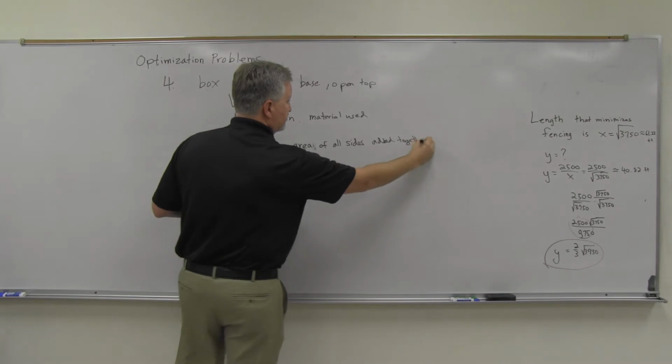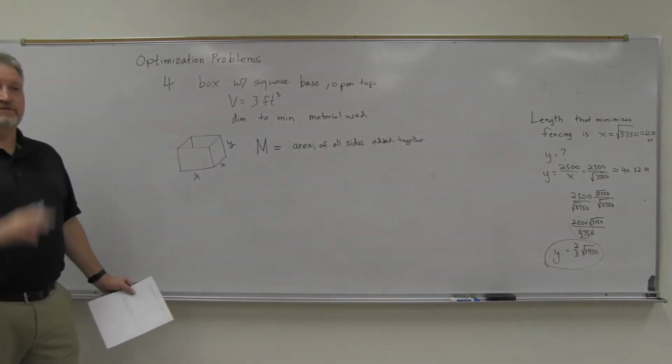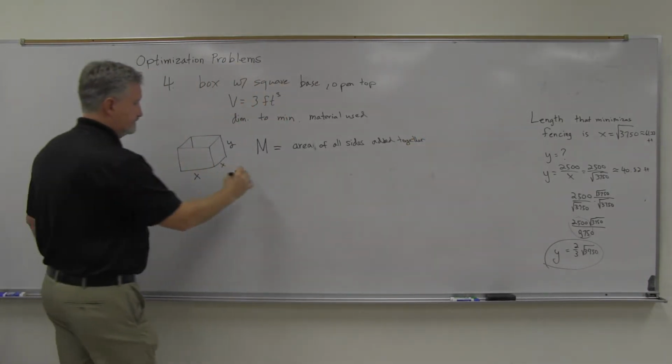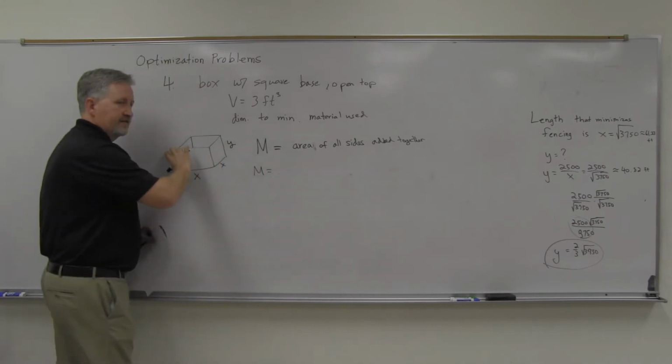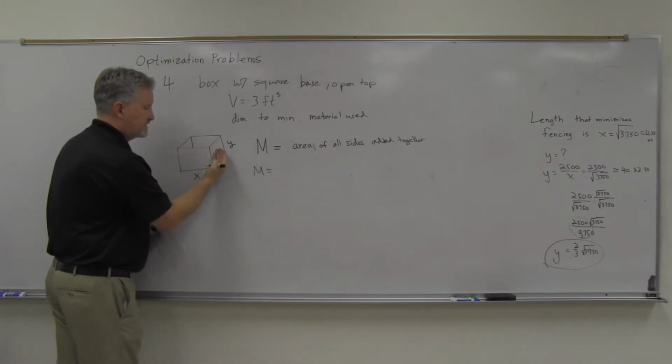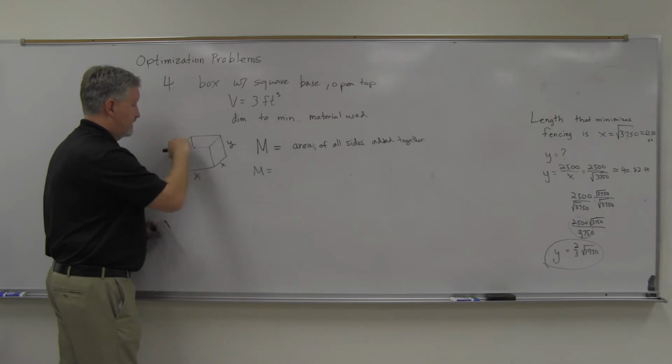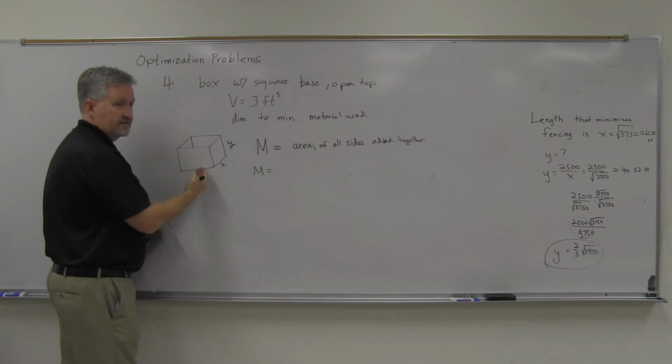With me there? So I'm just going to find the area of each of the sides. That'll be my material use. So this area plus this area, back, left side, and there's the bottom too, okay?